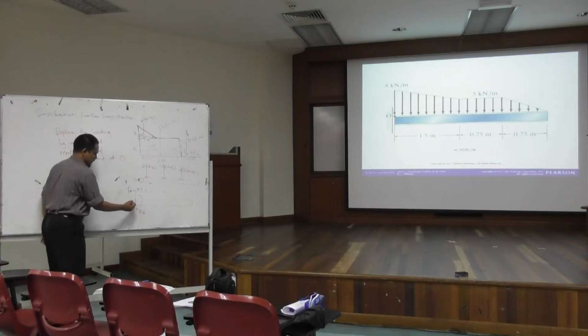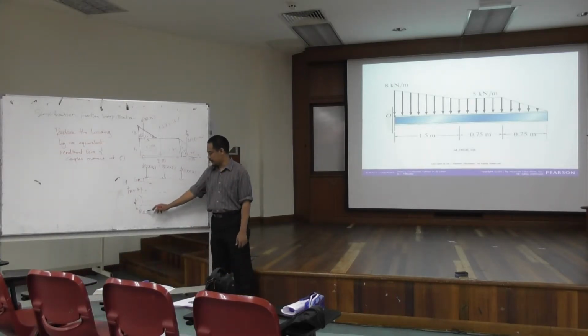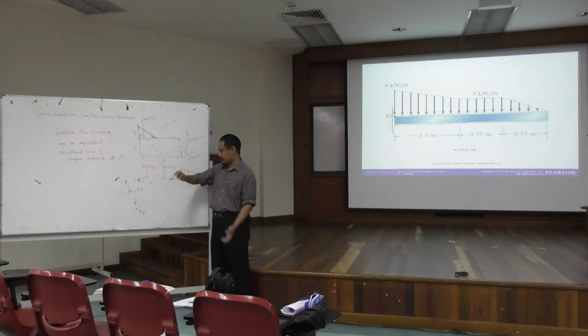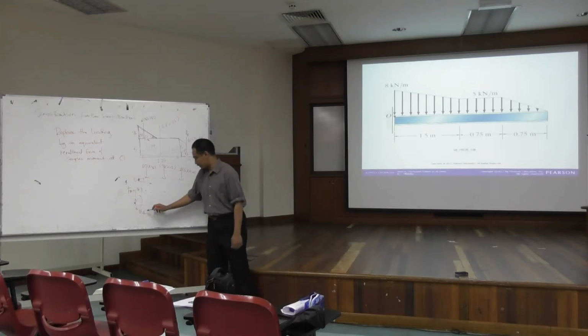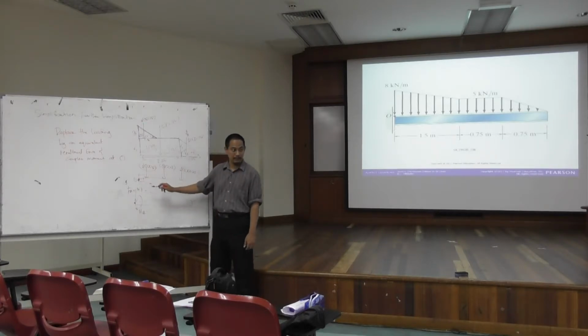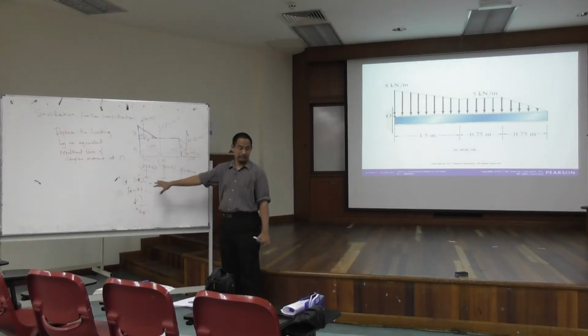Because that's the equivalent. Meaning that the moment here should have the same moment effect that each of these produce about point O. Right? The rotation tendency, right? So MR here should be this force times this distance, and this force times this distance, etc. Right? So that's how we do it step by step.